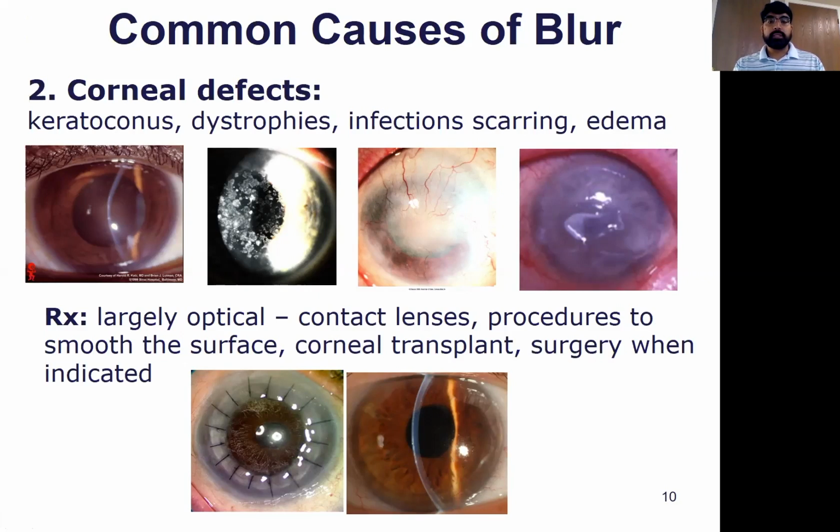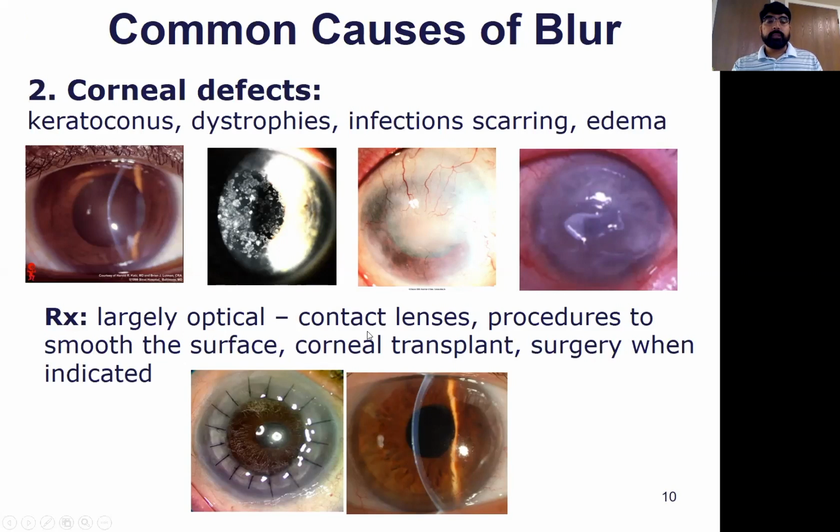Infections can cause scarring or opacity of the cornea, so that doesn't allow for light to penetrate the cornea. And then you can also get scarring and edema, or swelling, of the cornea, and that can also cause vision loss because the cornea is not clear anymore, so it's not allowing light to enter through.